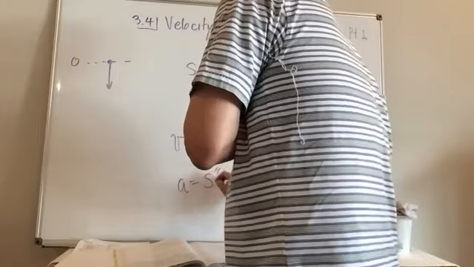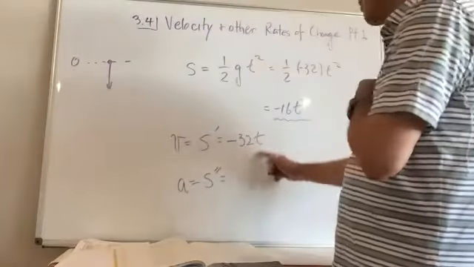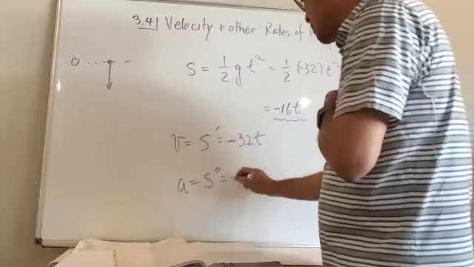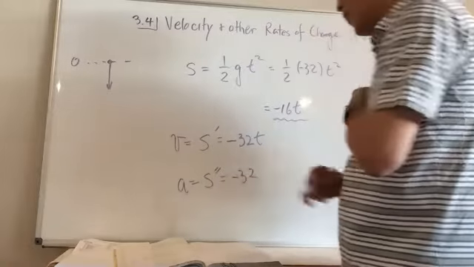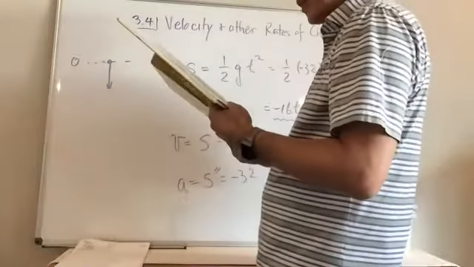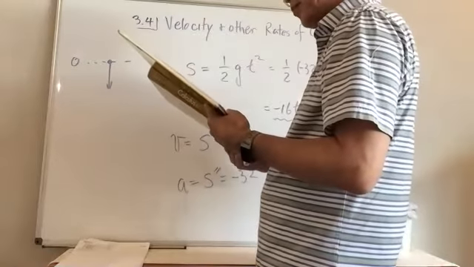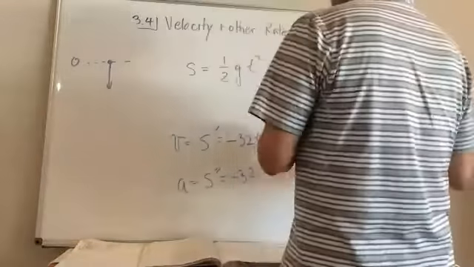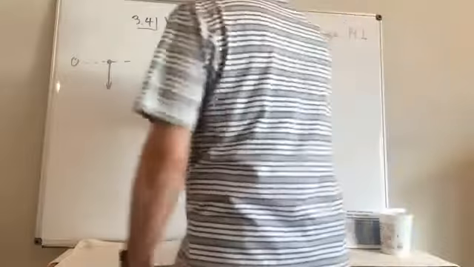Acceleration is the double prime of s. So you take the derivative of this, t to the first, and it just becomes negative 32. Okay, so let's do example number 4. Let's see if we can use some of this in example number 4.